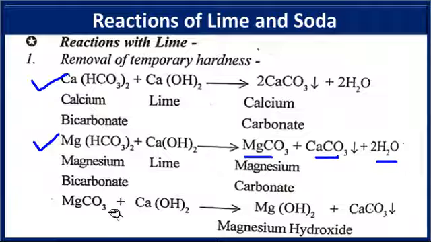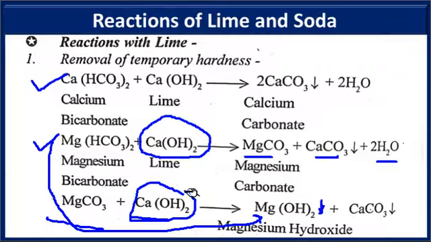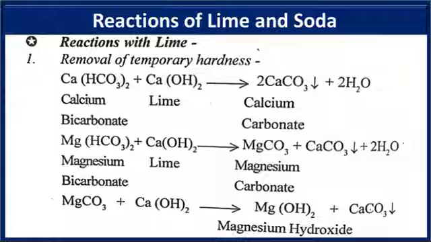Further, this magnesium carbonate consumes a second mole of lime and is converted into a precipitate of magnesium hydroxide. So in this way, magnesium bicarbonate gets completely precipitated as magnesium hydroxide. But for this complete precipitation, it requires 2 moles of lime. One is this and the second one is this. So in this way, magnesium bicarbonate is removed from the hard water sample.